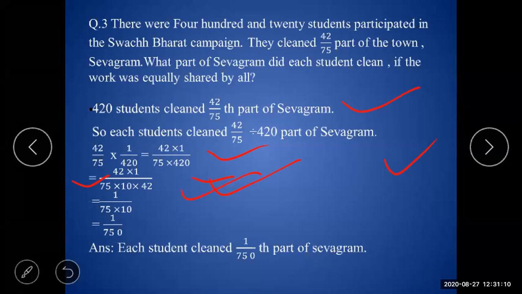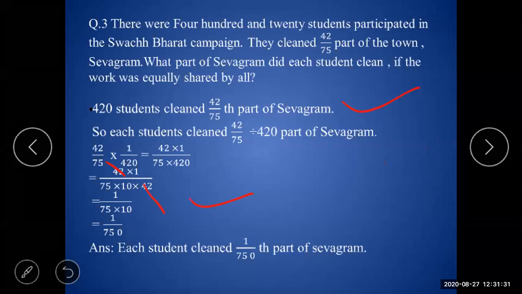Now see here. This 42 and this 42, the upper number and the downward number. I told you, when the upper and downward numbers are the same, we have to cut them. So upper 42 and downward 42, I have cut down.